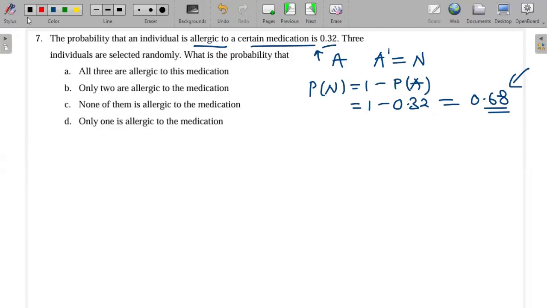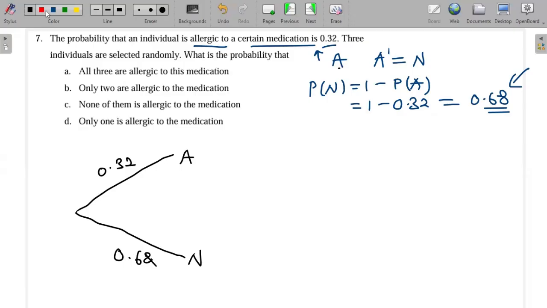I just have two, because it's just allergic or not allergic. So I have this and then that. This is allergic, and this is not allergic. So we are saying that the probability of allergic is 0.32, and the probability of not allergic is 0.68.